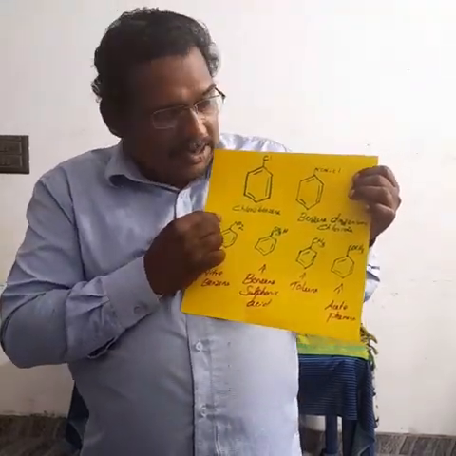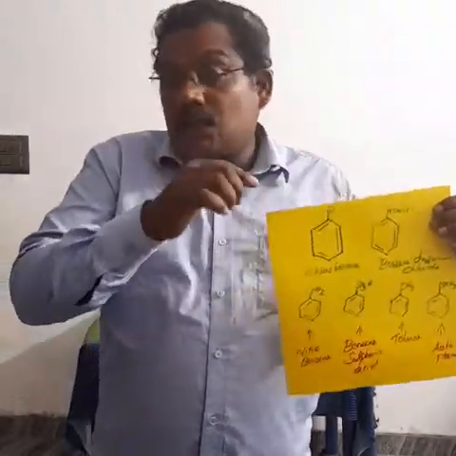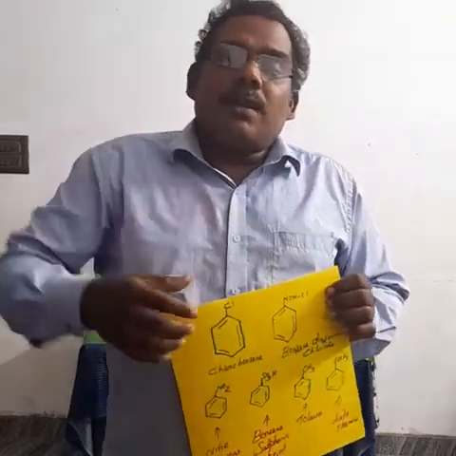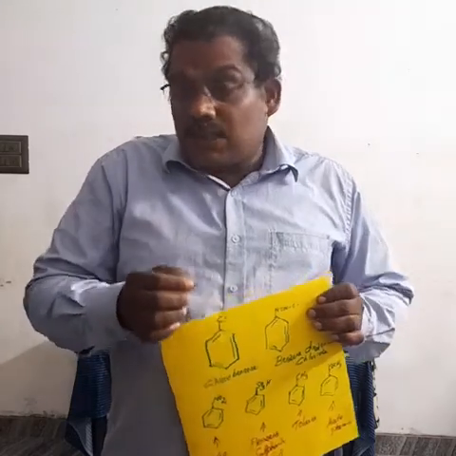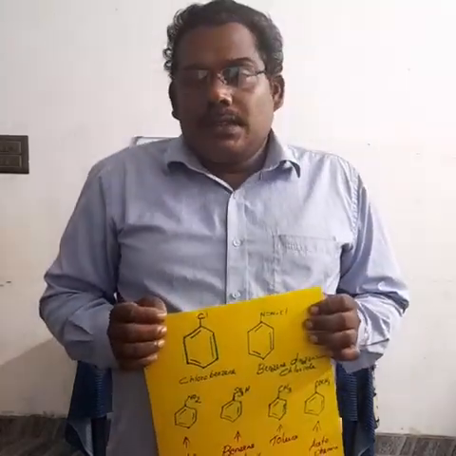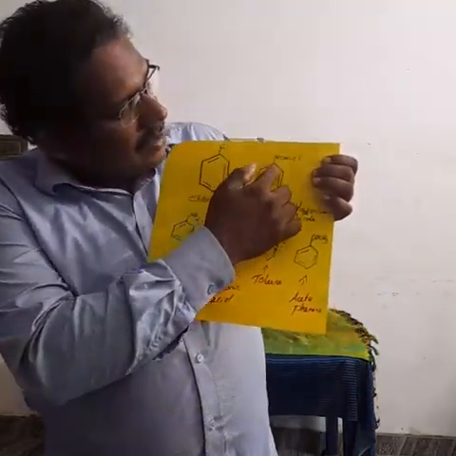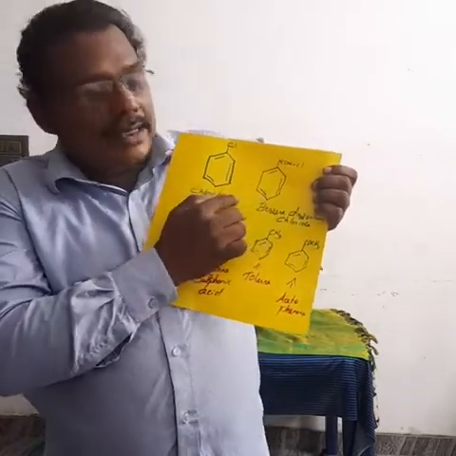Next one, benzene diazonium chloride. What is the formula for benzene diazonium chloride? C6H5N2Cl. That's also given in the structure. Here, C6H5-N double bond N-Cl. Like that I mentioned here.